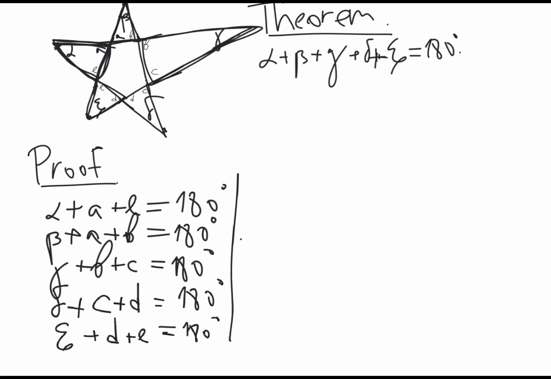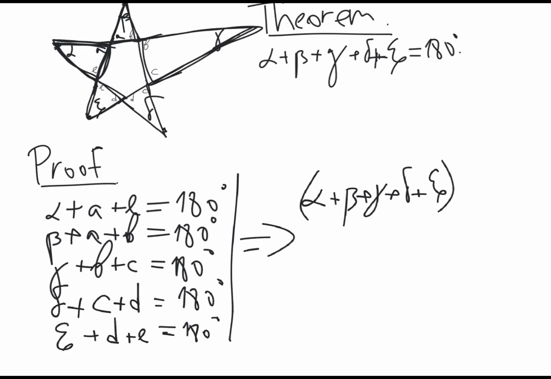And so when we sum all of this, we get alpha plus beta plus gamma plus delta plus epsilon plus, we notice that each Latin letter occurs exactly twice. A twice, B twice, C twice, D twice, and E twice, right?